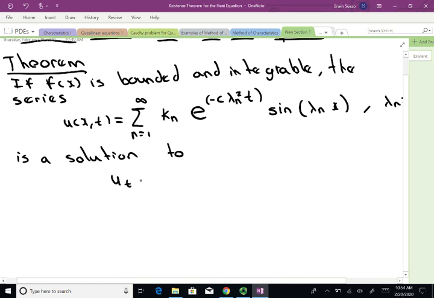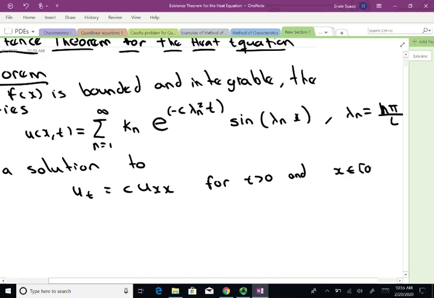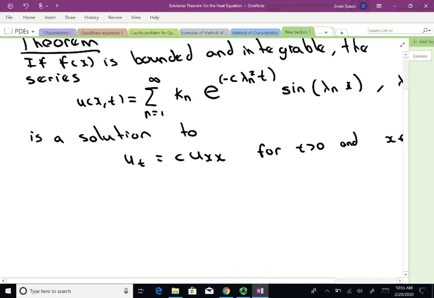Let's call it u_t equals c u_xx for t bigger than 0 and x in the interval 0 to L, with boundary conditions u(0,t) equals u(L,t) equals 0 for t bigger or equal than 0.